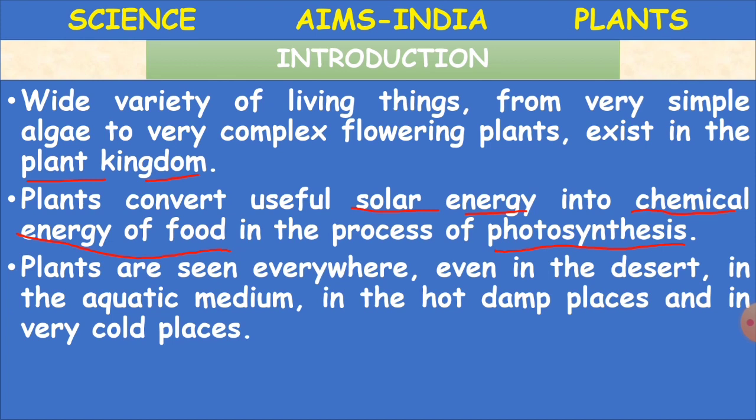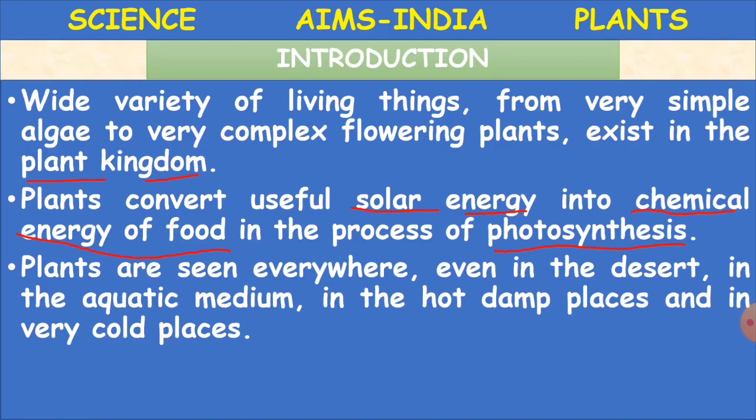We can see plants in every such type of area, but they may differ from one area to another. One type of land area gets some types of plants, whereas another type of land area gets other types of plants. We'll be learning about that here.